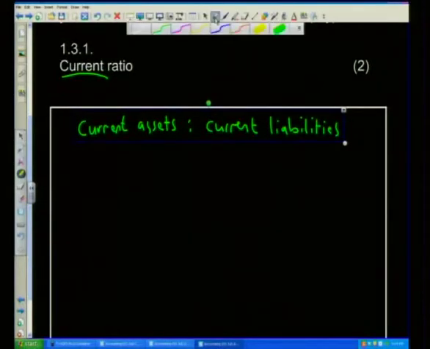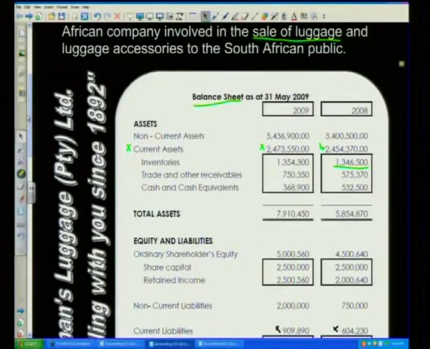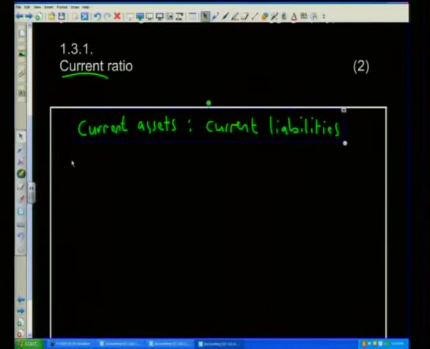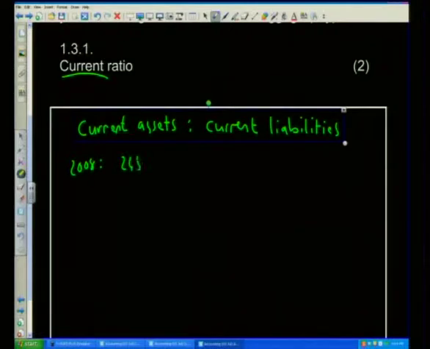We're going to take the current assets from 2008, which is given to us as 2454370. I hope I got that right, Ty.